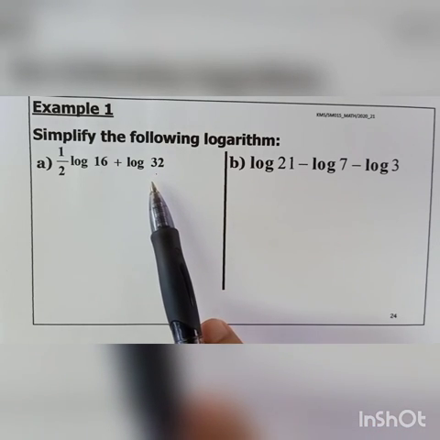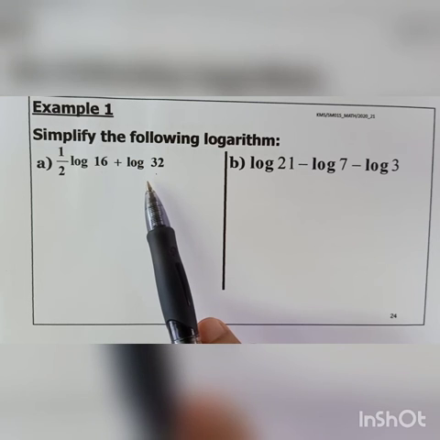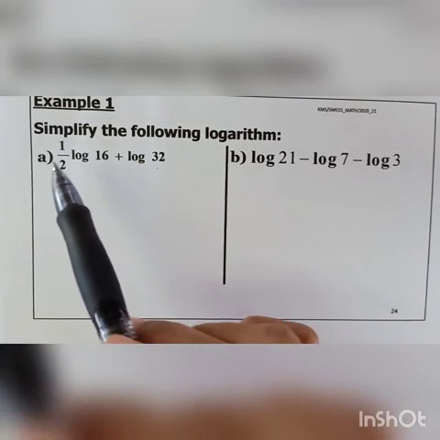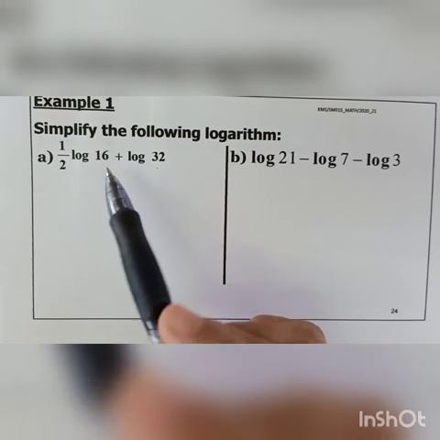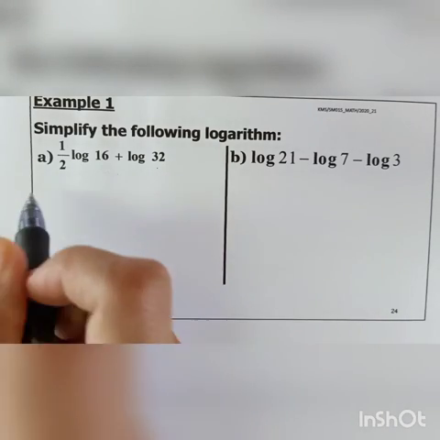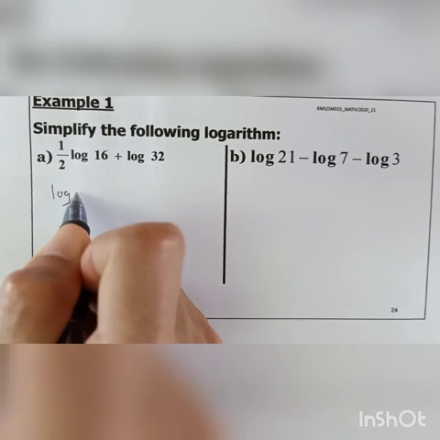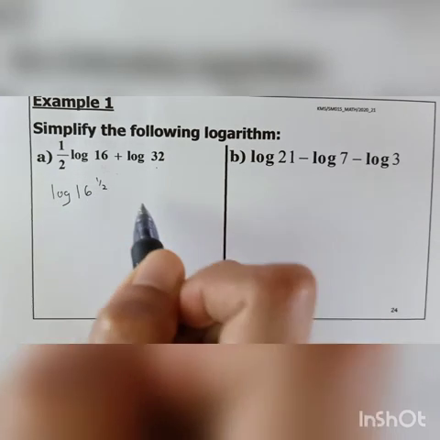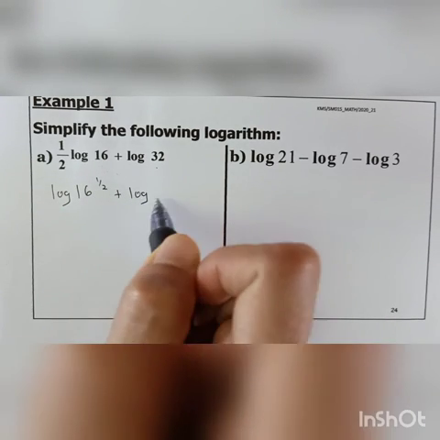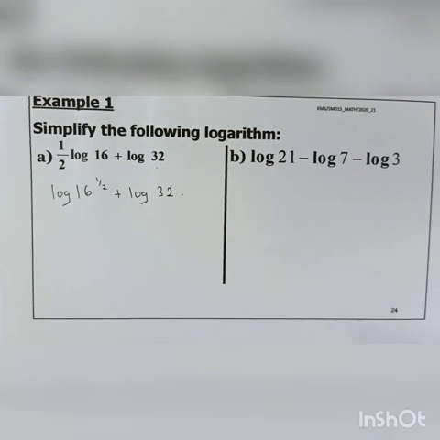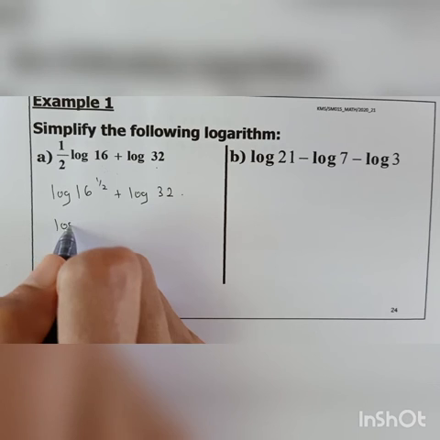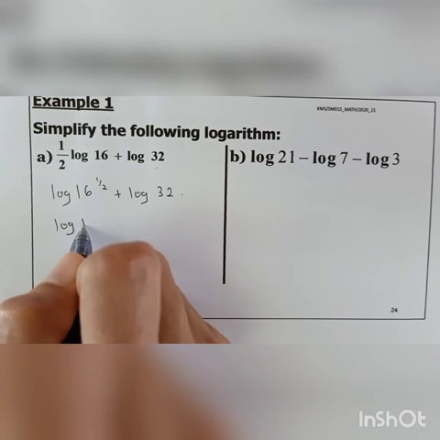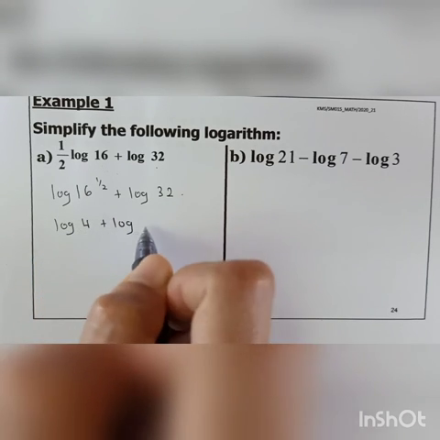Here, for the first term, we can use law of log number 3, which gives log 16 to the power of half plus log 32. So 16 to the power of half is 4, plus log 32.